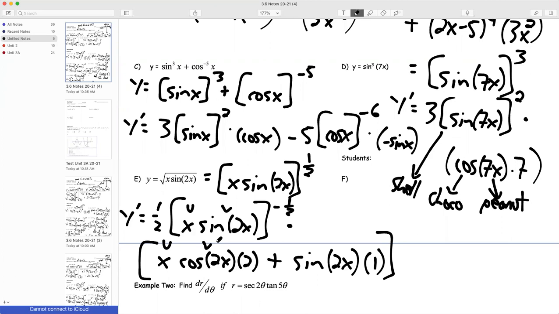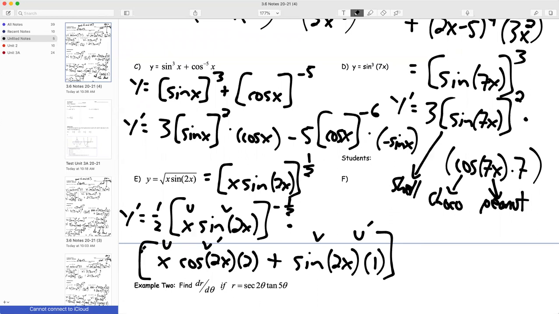I've got v and then u prime. So I've got the sine of 2x times the derivative of x, which is 1. And then if I do not put this in brackets, it is wrong. Why is it wrong?